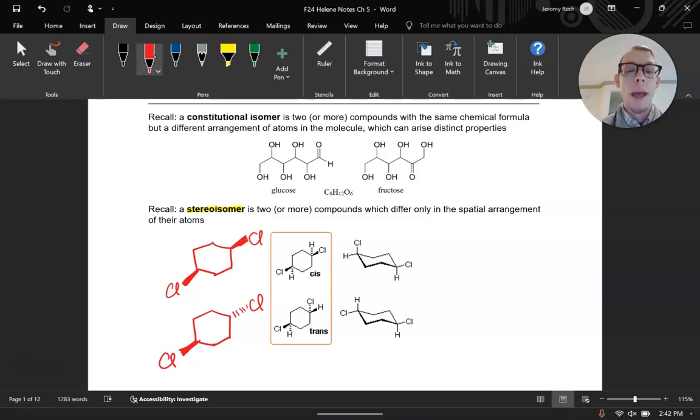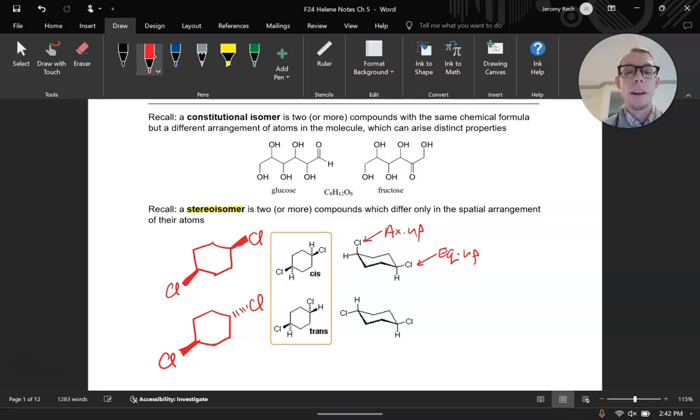So when we're thinking back to our chair structures and we have a cyclohexane, I have two that are drawn here. Both of them are di-substituted. They both have two chlorines. And on the top one, both of those chlorines have a wedge. And that wedge, for example, we're going to describe as up. And we'll see that we have an axial up chlorine here, and then we have an equatorial up chlorine there.